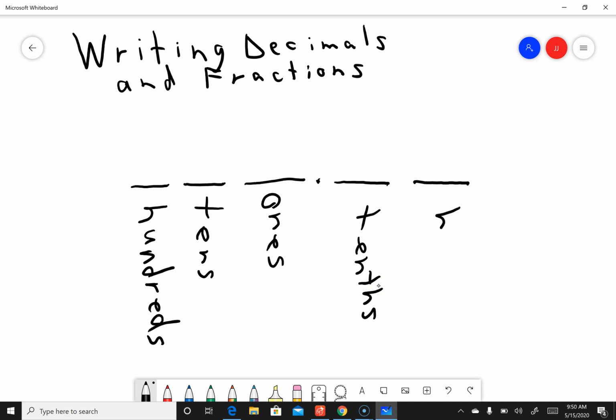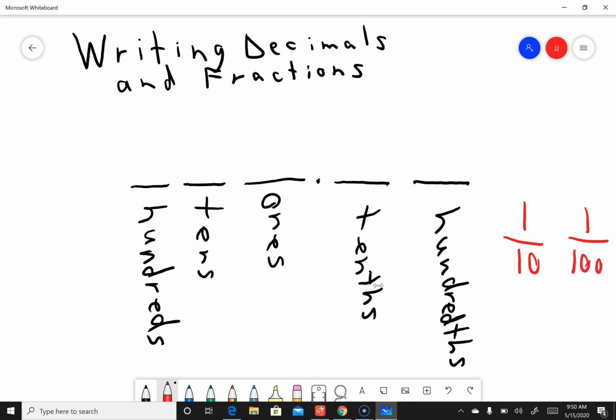Here we have hundredths. And you can think of those like you think of fractions, okay? So 1/10 would mean 1 out of 10, and hundredths would mean out of 100, okay?